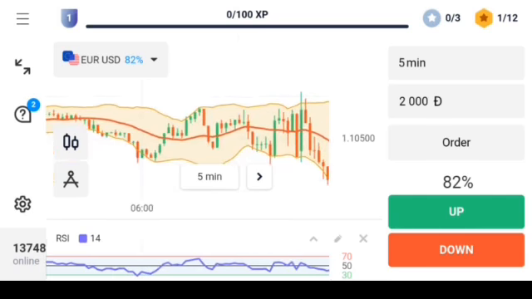Here's another buy setup here. You can see the red candle closing over 30% of its body outside of the Bollinger Band and touching the 30 mark of the RSI.